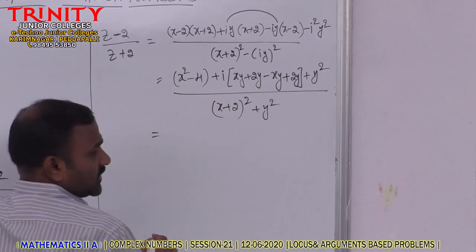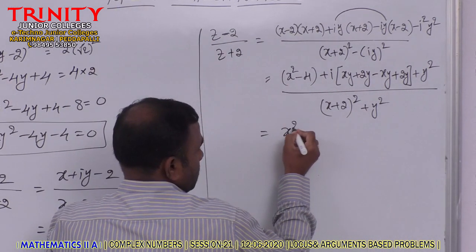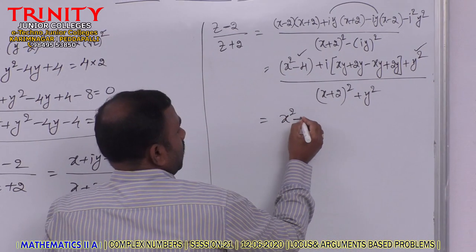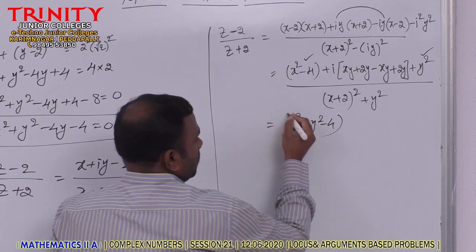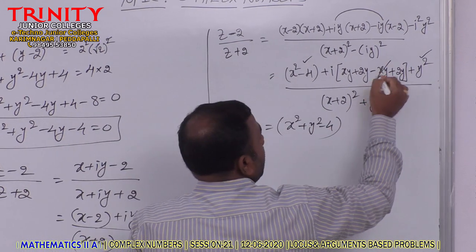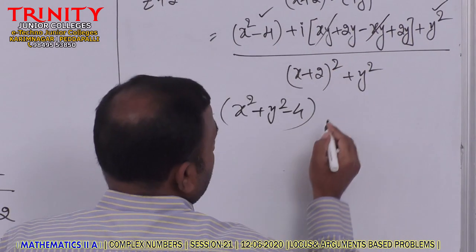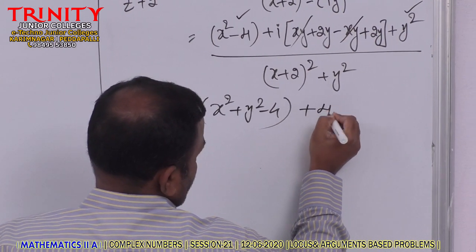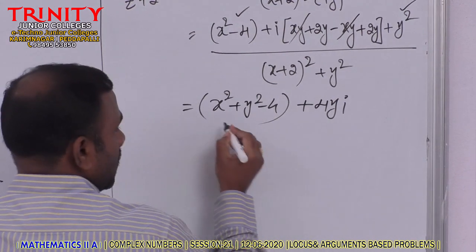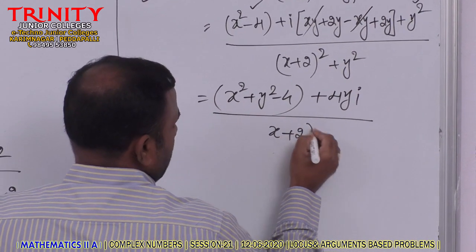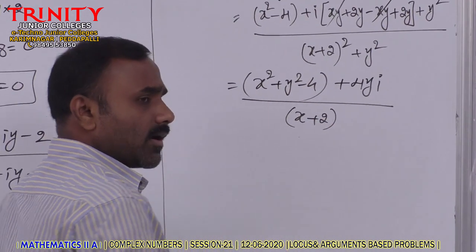Now separate the real parts and imaginary parts. X square is real, and y square minus 4 is real. Xy cancels, 2y plus 2y is 4y, times i. No need to expand this denominator. While applying the argument of the complex number, the denominator gets cancelled.